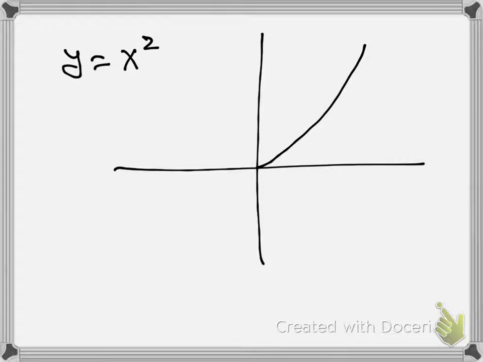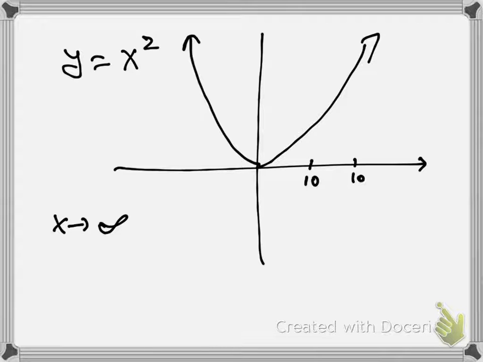Let's look at the parabola. Y equals x squared. We know how the graph of a parabola is. So again, we're going to see what happens to the y values when x approaches infinity. Infinity means we're going with a large value of x, let's say 10 again, 100, 1000, 10,000, and so on. We notice that when x is 10, y is 100.